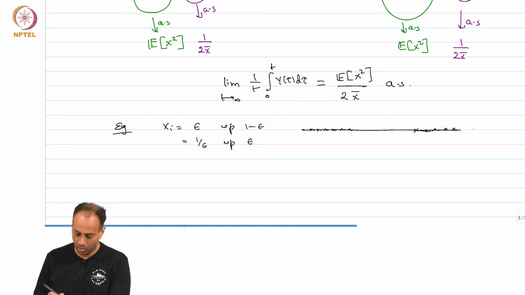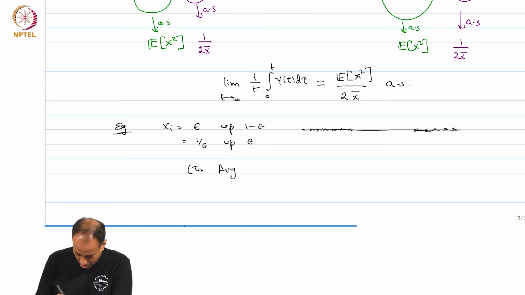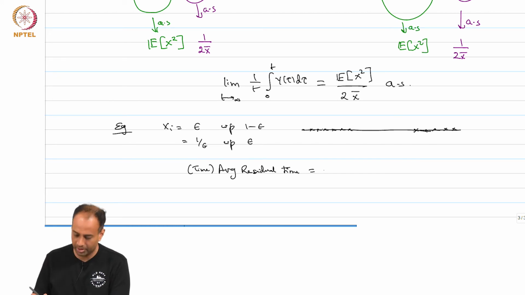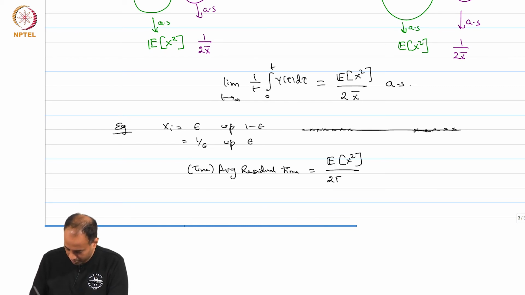Correct. Now, what is the average time average residual time? It is equal to expected x square by twice expected x, which is equal to, can you tell me please, what is expected x squared?